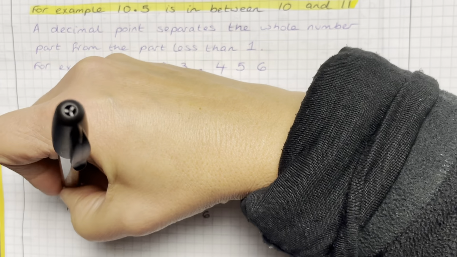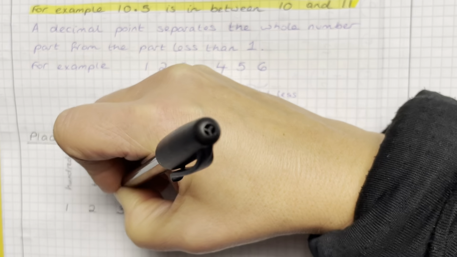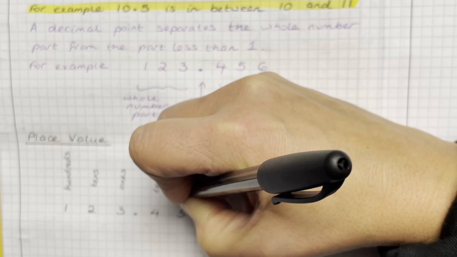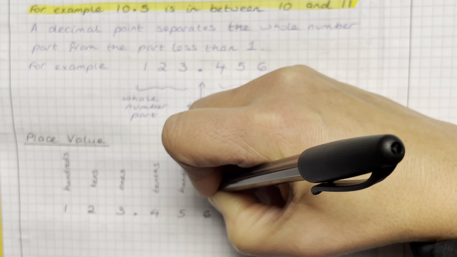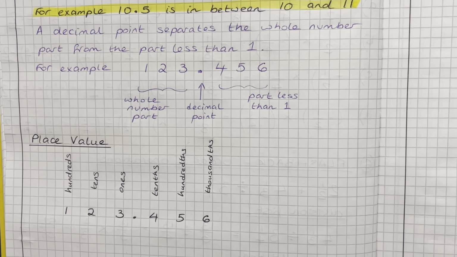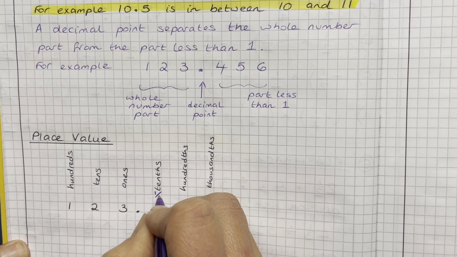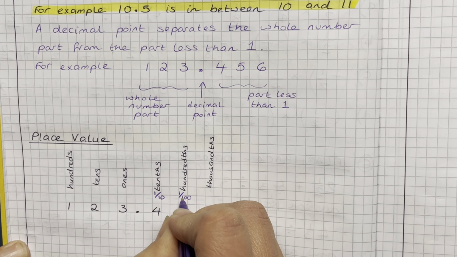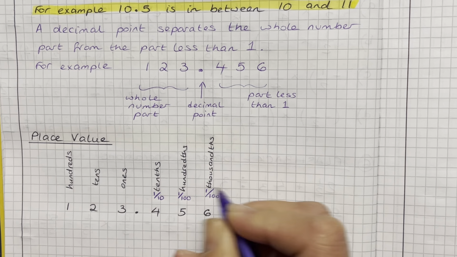I've got hundreds, tens, ones, tenths, hundredths, and thousandths. Okay, I've got tenths, which I can also write as 1/10. I've got hundredths I can write as 1 over 100, and thousandths that I can write as 1 over 1000.